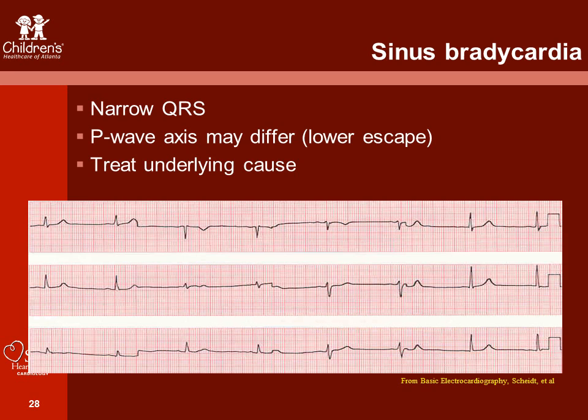That is why our sinoatrial node is the predominant pacemaker, because it's faster. But if that sinoatrial node becomes slower than one of the other escape pacemakers, then those pacemakers will take over, and your QRS and/or your P wave will have a different morphology and a different axis.